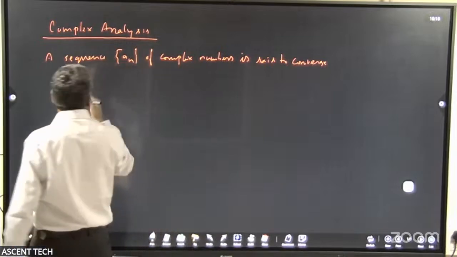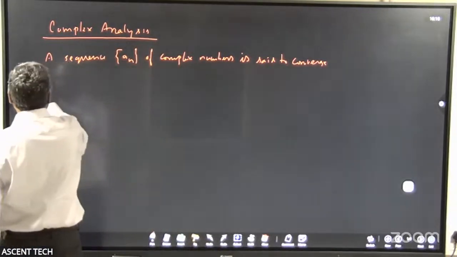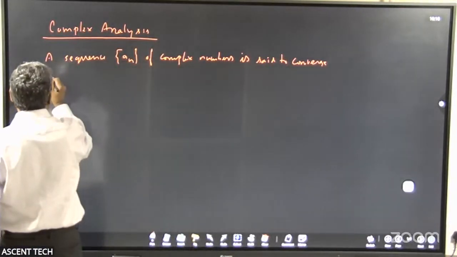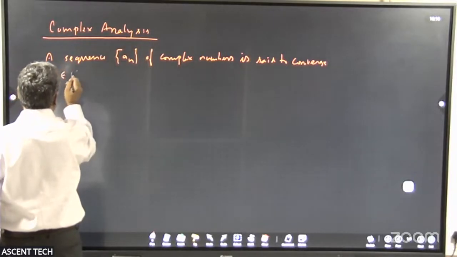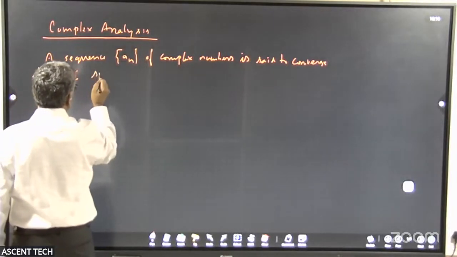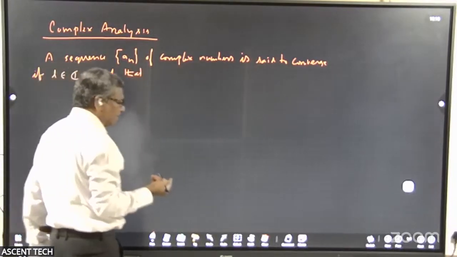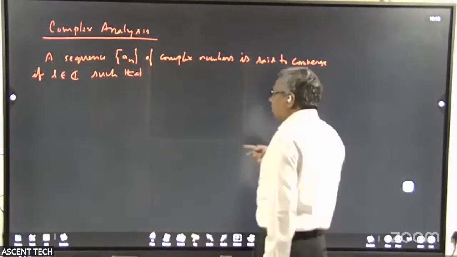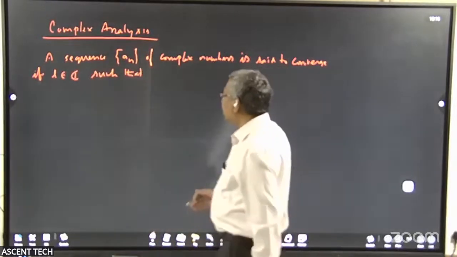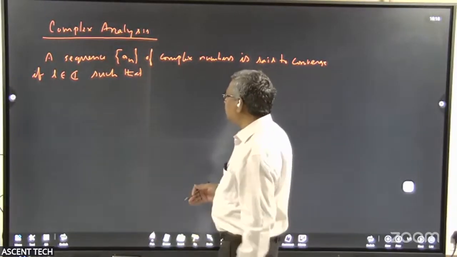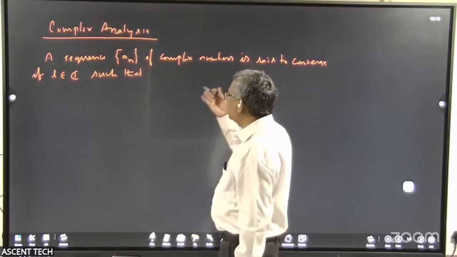Now, if I have a limit L in C such that a_n converges to L, that means the difference between a_n and L can be made as small as possible as n gets bigger.